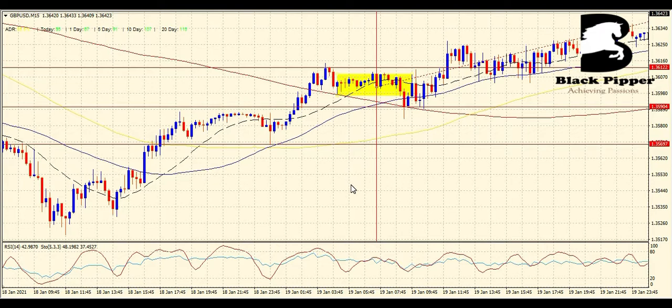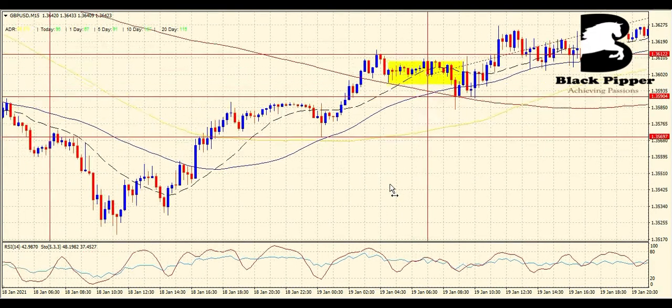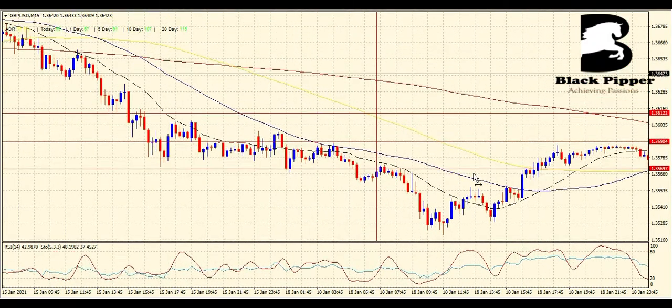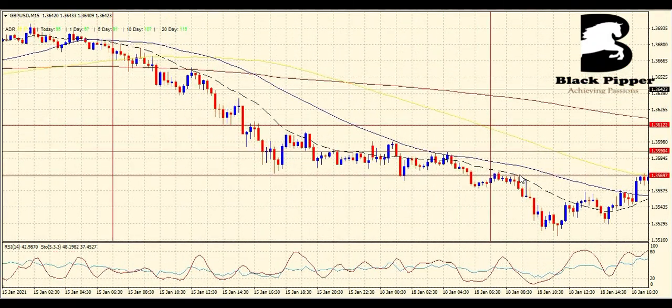Let's cover another example. This time we have a consolidation with small candles.